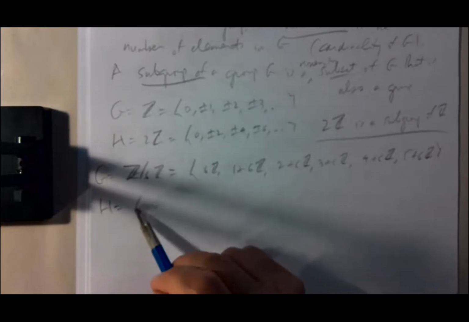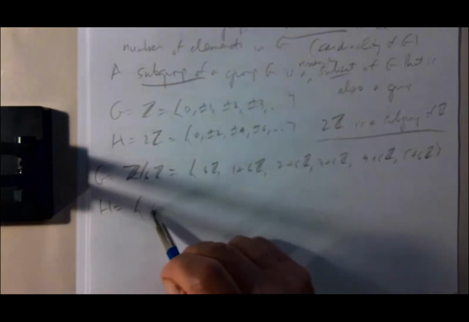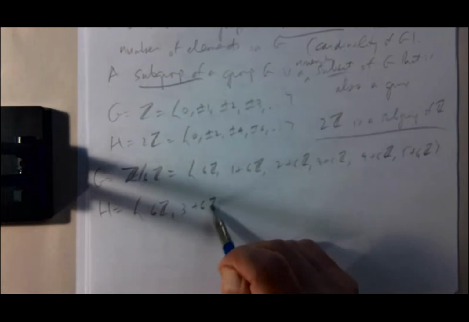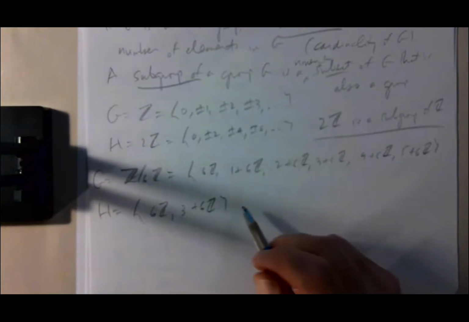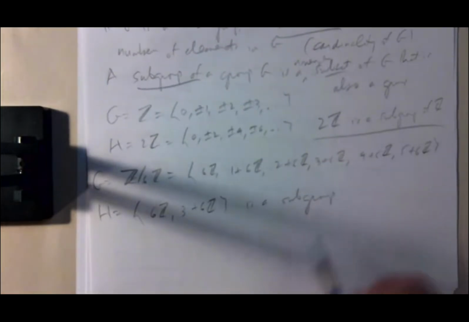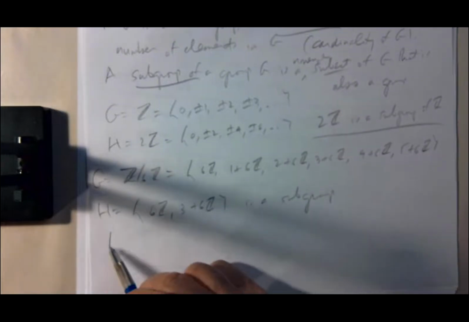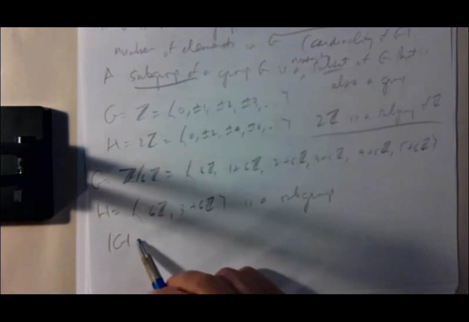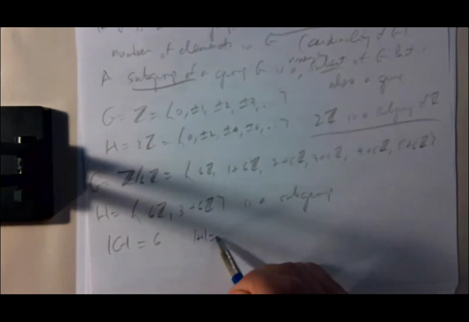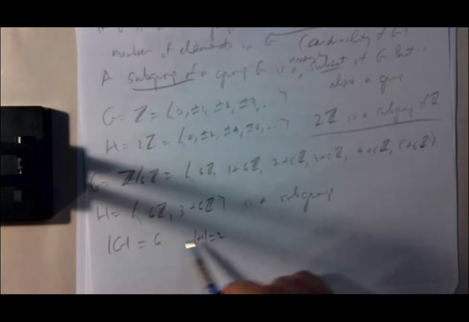If I take H to be just the two congruence classes 0 and 3 plus 6Z, this is closed under addition because 3 plus 3 is 6, which is the same as 0. This is a subgroup. And notice the order of G is 6. The order of H is 2, and 2 divides 6.